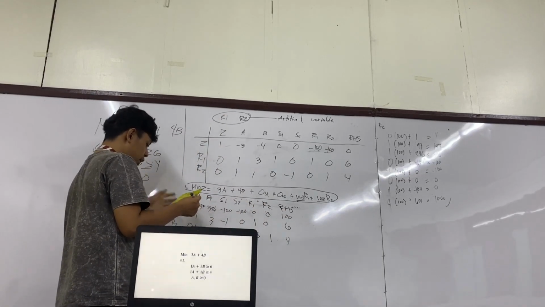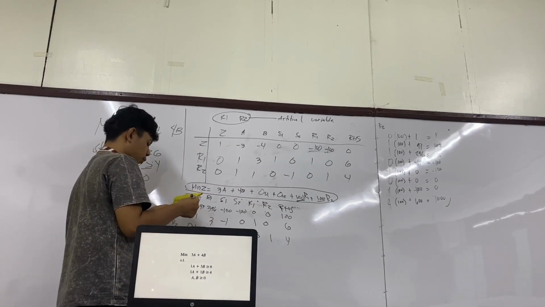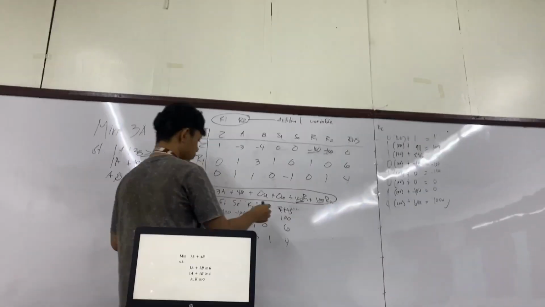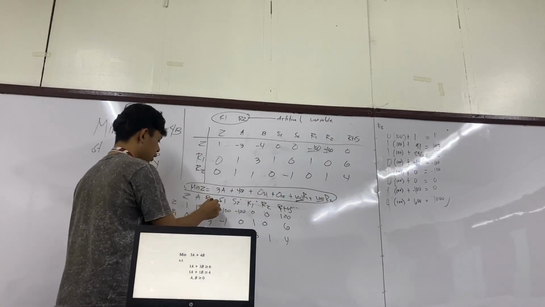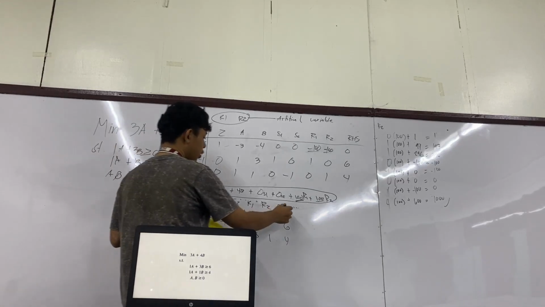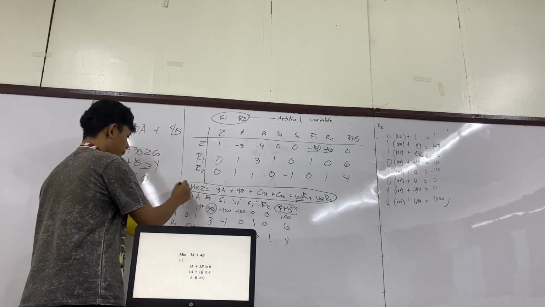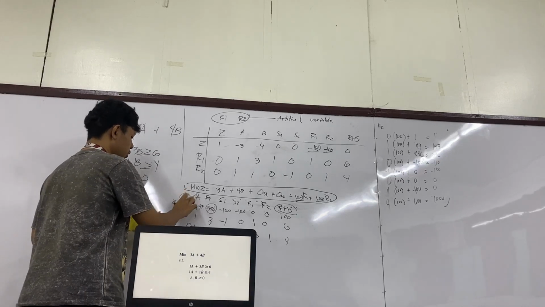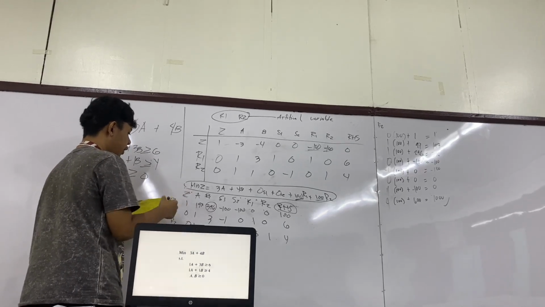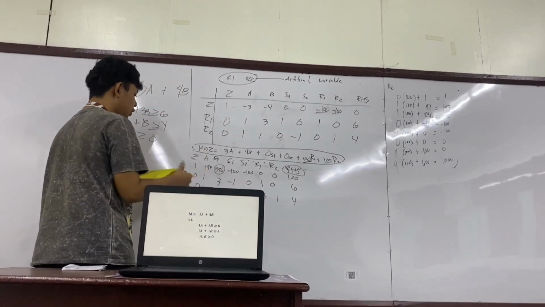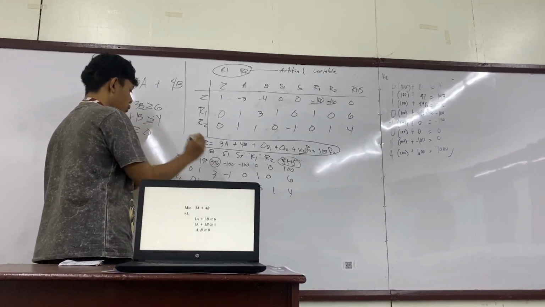As you can see, the biggest value here is this 396. We don't use the RHS and the Z0 to find the highest value here. So this B has a 396 value, so we use this.